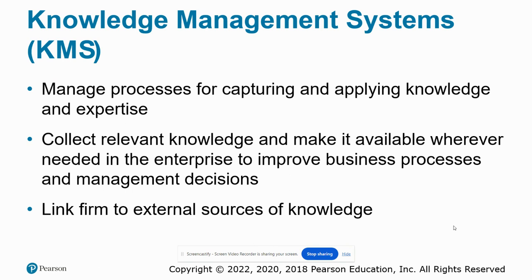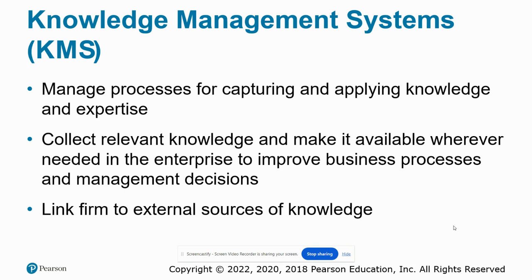The idea that business firms are repositories of knowledge may be a new concept. So we want to start to think about some examples. For instance, what is the knowledge required to run a fast food restaurant, or the knowledge required to operate a website such as Amazon?